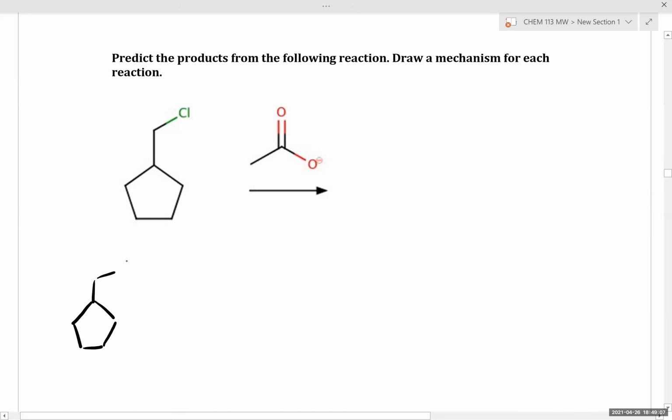So we have a nucleophile and a primary alkyl halide. What do we call this reaction between a nucleophile and an electrophilic carbon with a great leaving group?